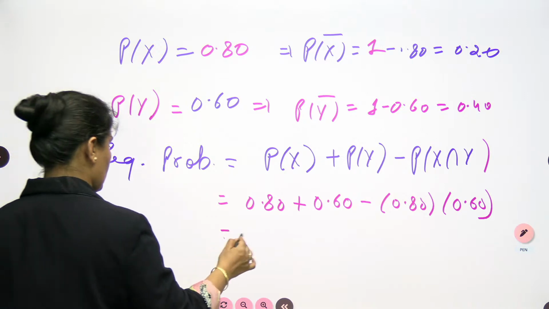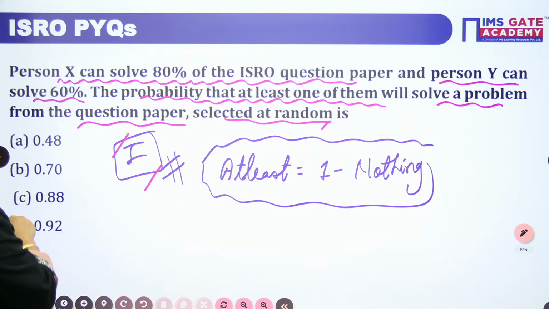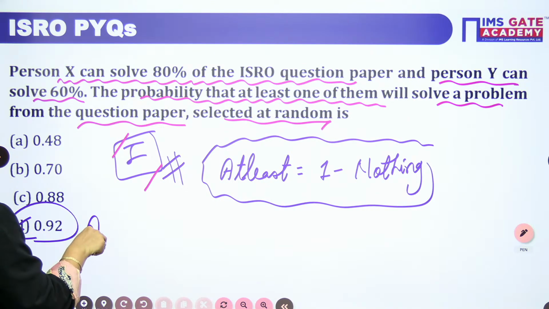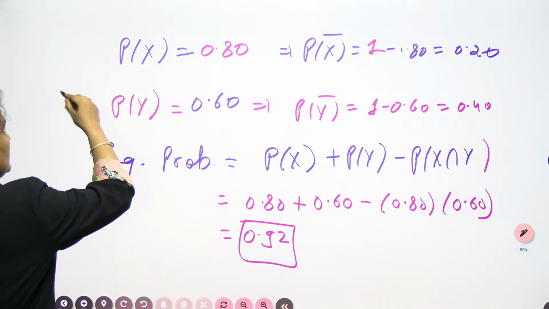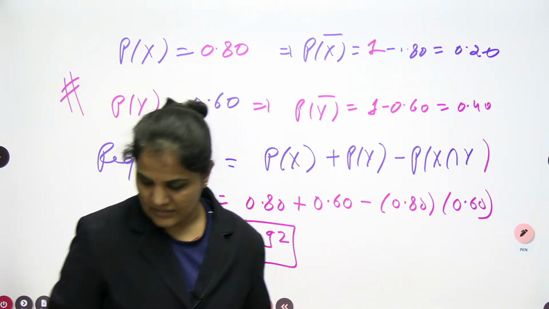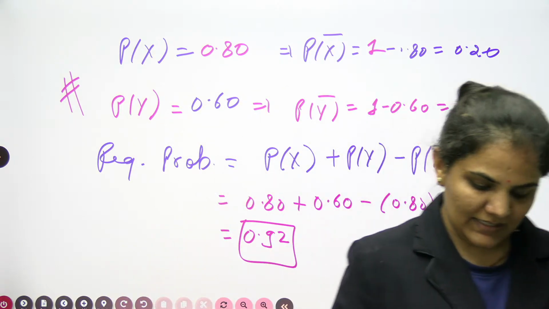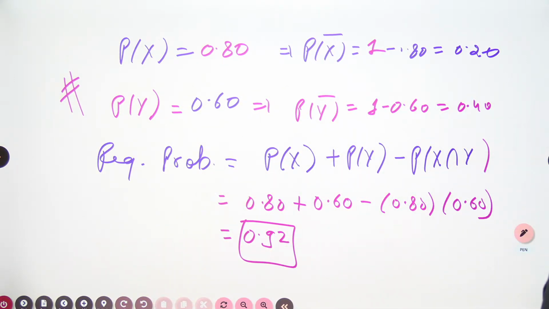I can easily solve my question, which is giving me 0.92. So there is no need to get stuck with this one. We can go with the direct one. If you want to go with either or, yes, you can go with either or, neither nor also. But when it is asking about at least one, and when we have only two persons, we can approach it directly also.